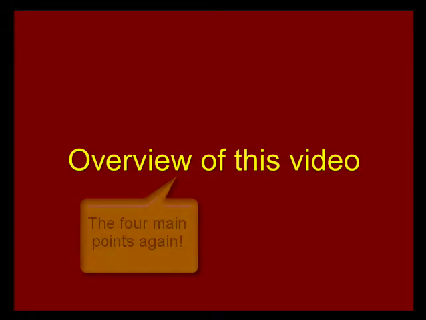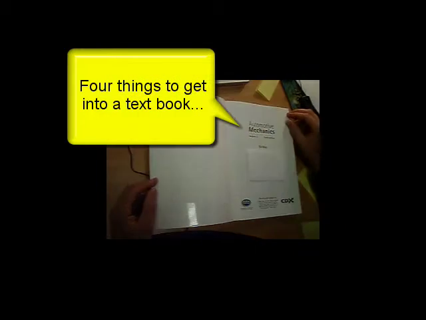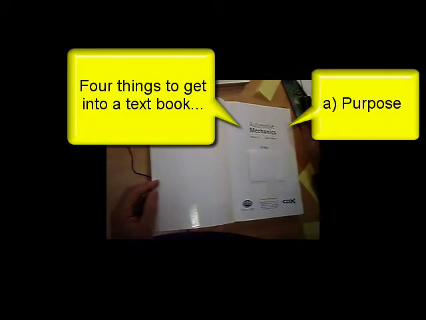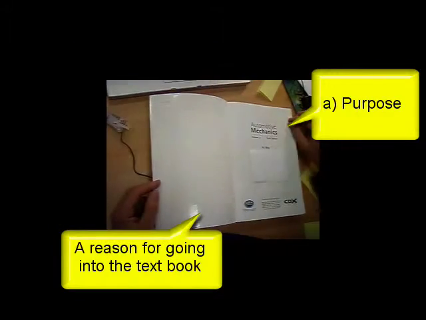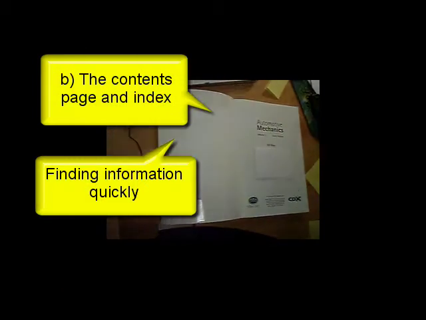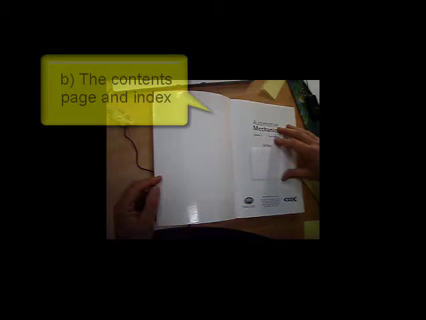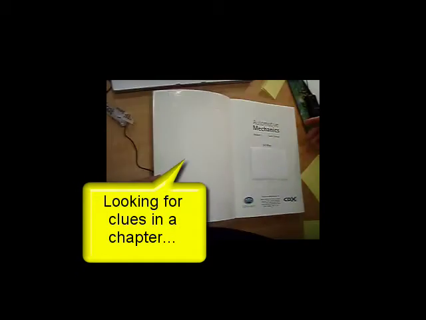So to sum up, the four things that you need to do when you are reading a textbook and to find information quickly and easily is, first, a purpose for reading, so you need to have a reason for going into the textbook and for reading it. You need to be able to find the information quickly, and that means using the two maps, the contents and the index pages.